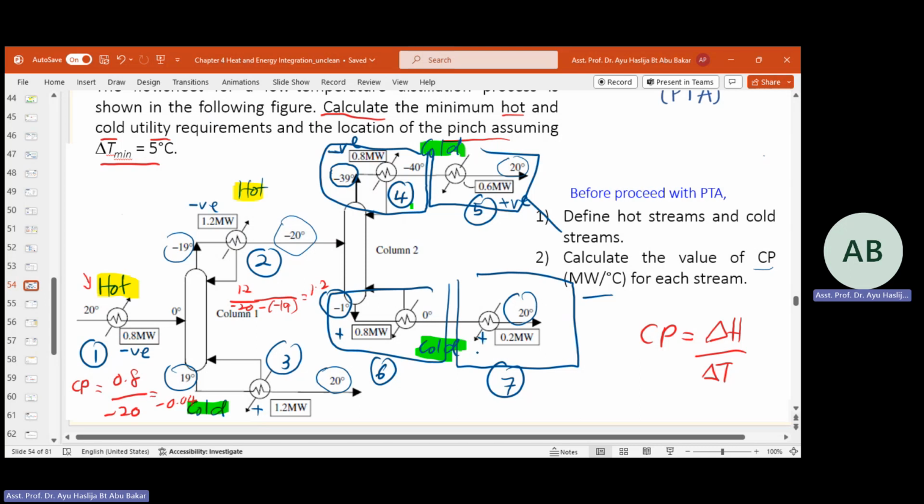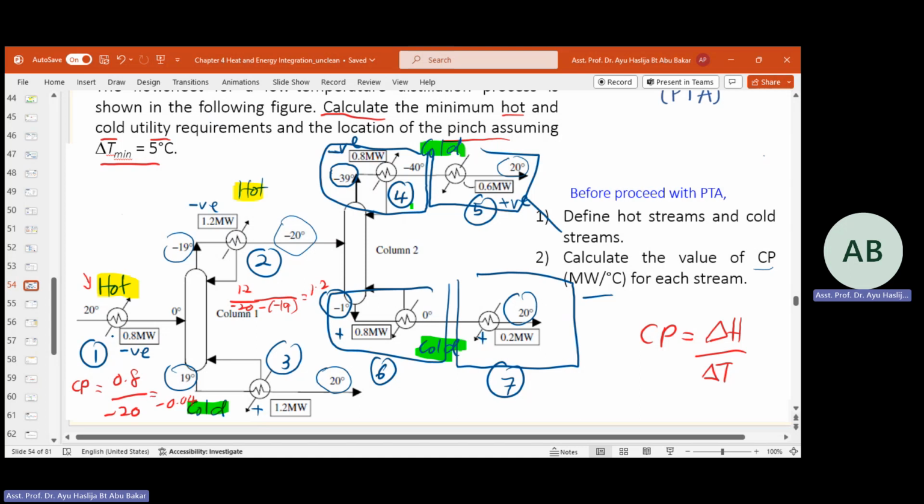Cold stream, if you notice, positive sign, which means heat from the hot stream will sink to the cold stream. 20 to 0, but there is heat supply, right? Supply is minus. It gives out heat.